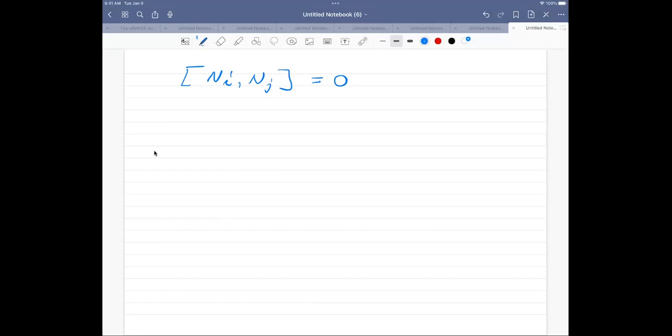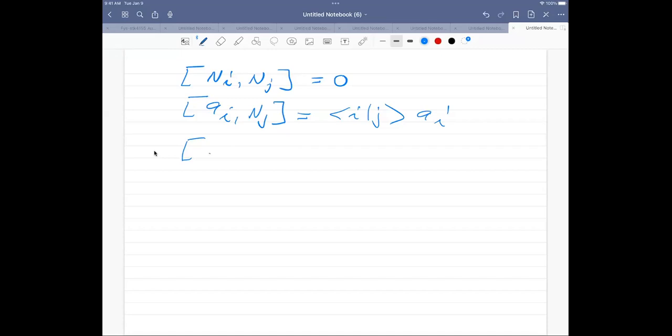You can also take a commutation relation between the operator a_i and N_j, and that is going to be equal to the overlap of i with j, multiplied with a_i. I haven't specified this overlap, so if you assume that these are orthogonal states, then i overlap with j should be equal to 0. If they're not orthogonal states, then it may be different from 0.